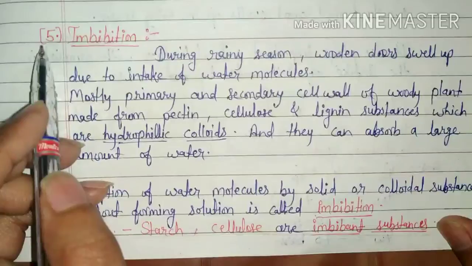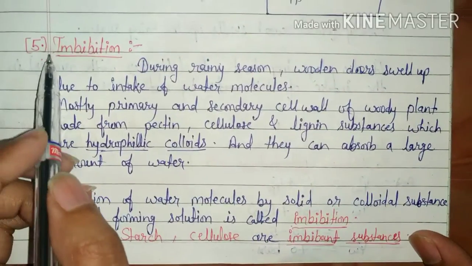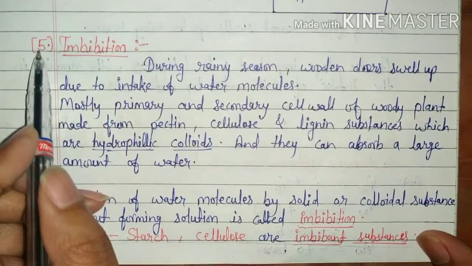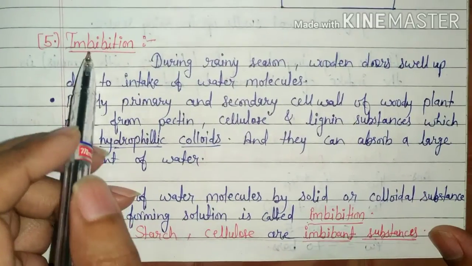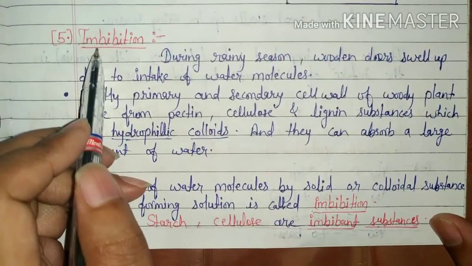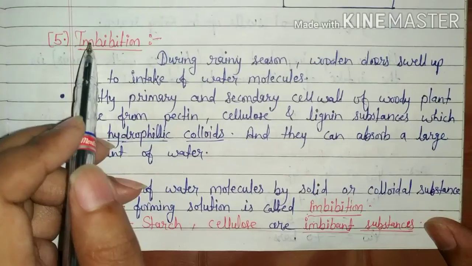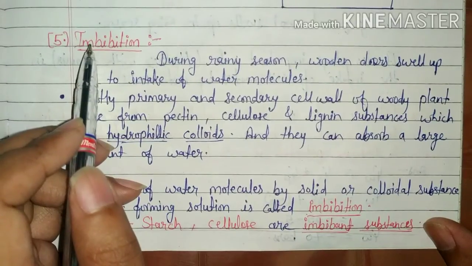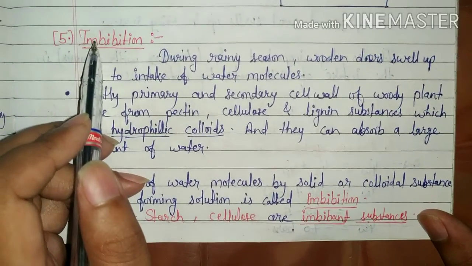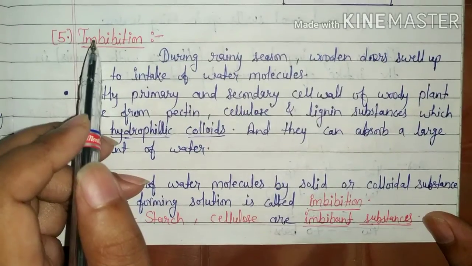Now, we are going to talk about the last topic of this chapter, that is imbibition. What is imbibition? Absorption of water molecules by solid or colloidal substances without forming a solution is called imbibition.